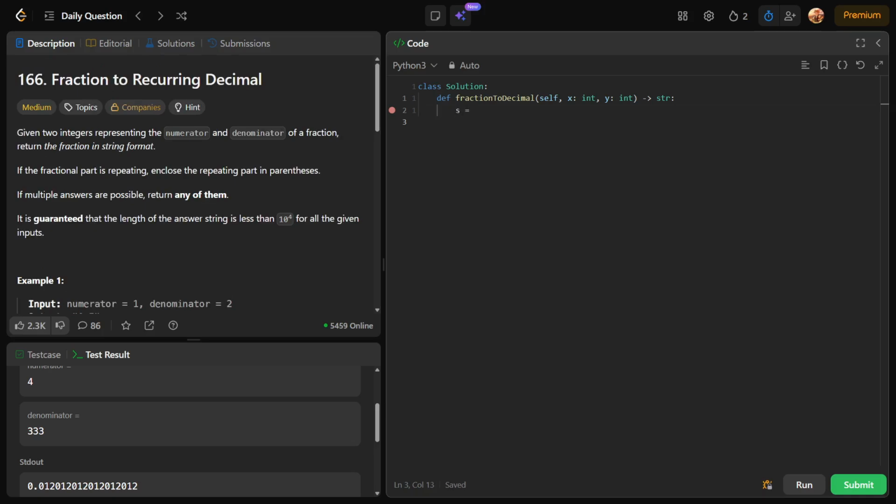Yeah, let's consider S to be string of x divided by 1.